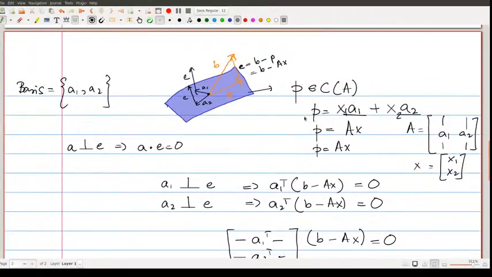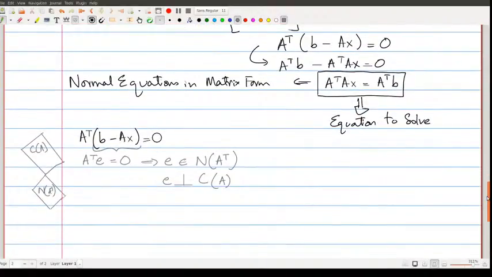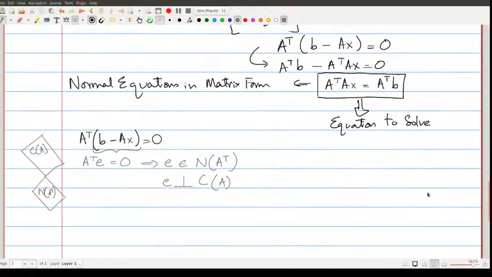We were looking for a vector E perpendicular to the column space of A, and that's exactly what we wanted in terms of solving our equation. So that's another way of looking at this equation.